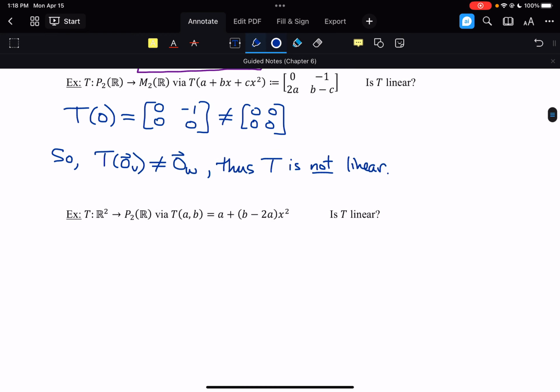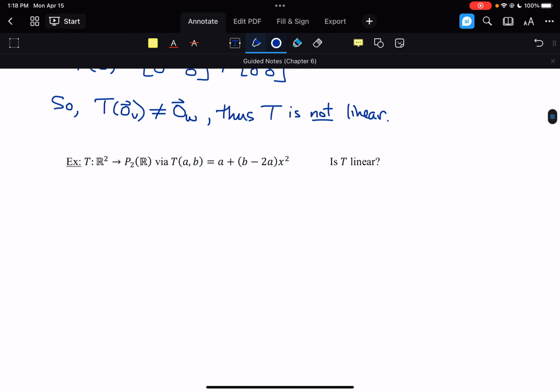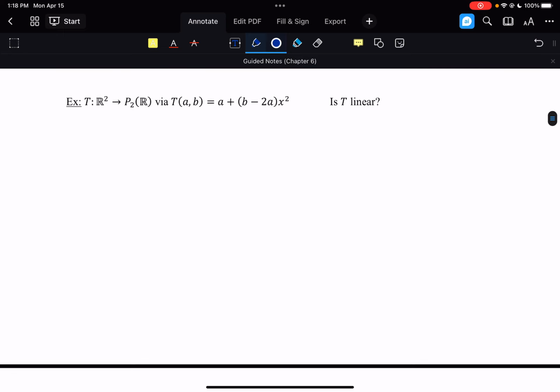If we take a look at this next example, we're transforming from R2 to P2. So we're transforming ordered pairs into polynomials of degree 2 or less via this relationship. Is T linear? You can check and see that T of (0, 0) gives us 0.